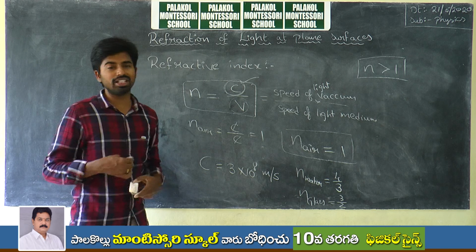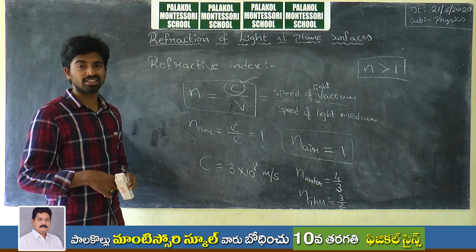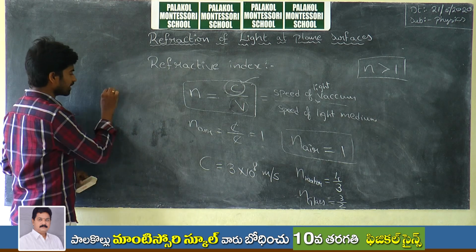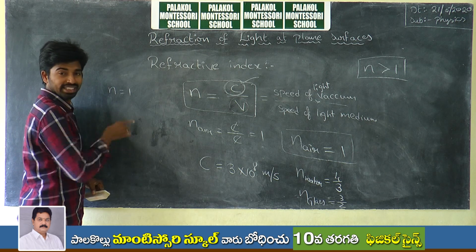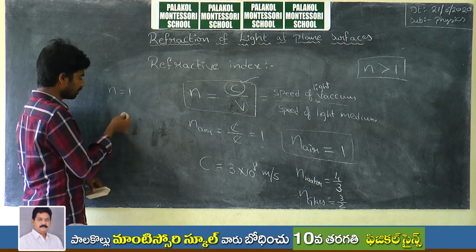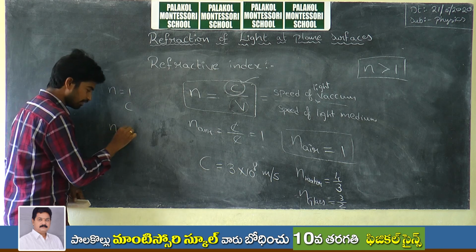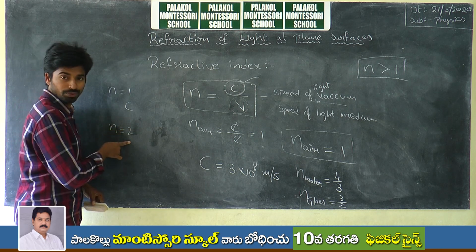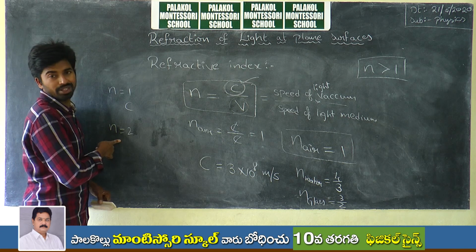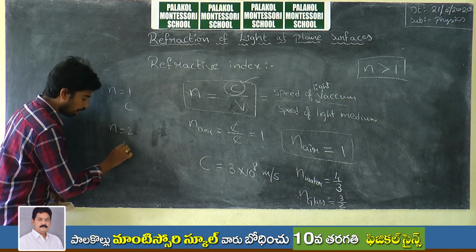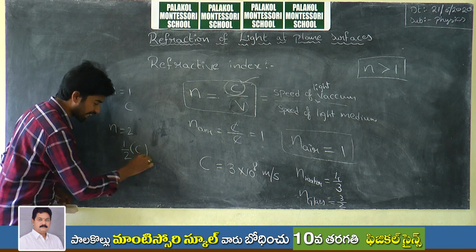So what is the real meaning of this refractive index? If the refractive index is equal to 1, then in that medium the speed of light is c. If the refractive index is equal to 2, in that particular medium the speed of light is half of the speed of light in vacuum.